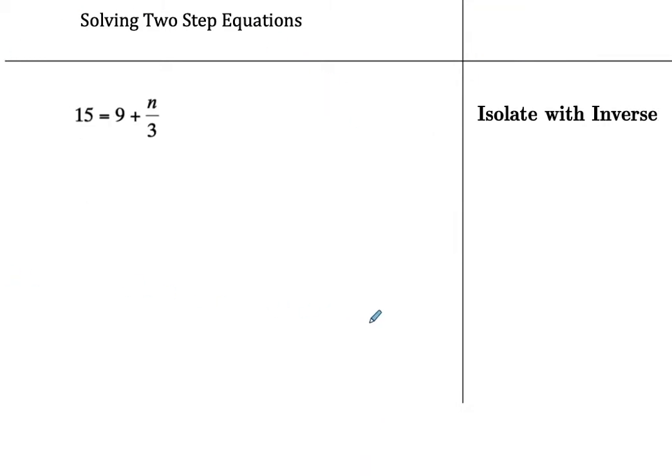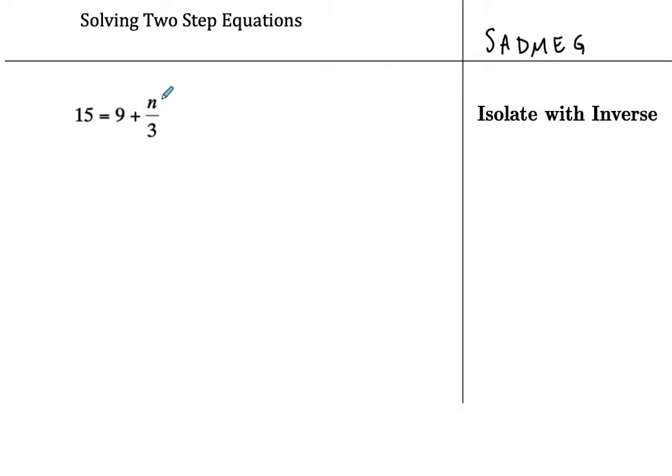Let's take a look at one more kind of problem. Okay. So again, we're going to read the problem, figure out what's happening to it, and then use our order of operations backwards to solve. So 15 is equal to 9 plus n divided by 3.